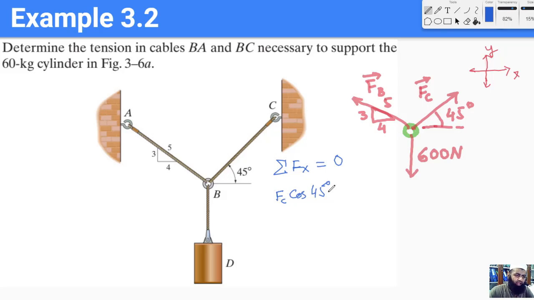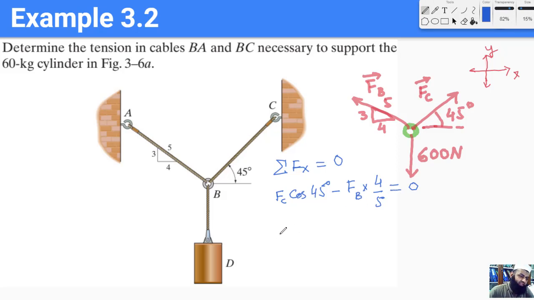And the second force is going to be in the negative direction, because the x component of this force is in the negative direction. So, minus Fb times cos of theta, which is equal to 4 over 5, and this equals 0. So this is our first equation.